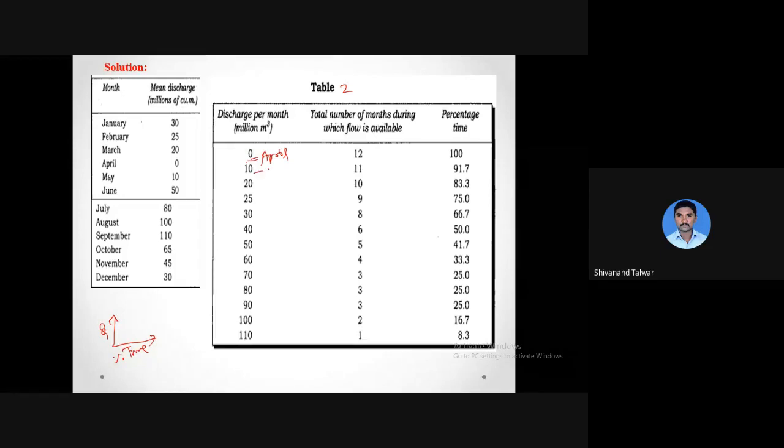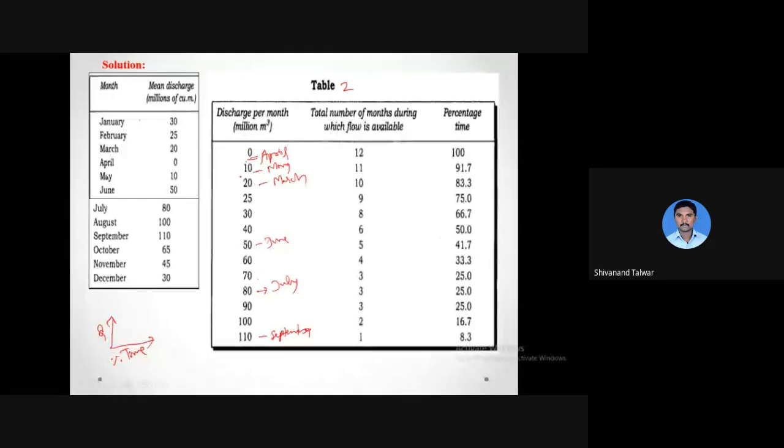Then 10 is for May, 20 is for March, 50 is for June, 80 is for July, and 110 is for September. So what is happening here? We are arranging the discharge from 0 to 110 in increasing order.